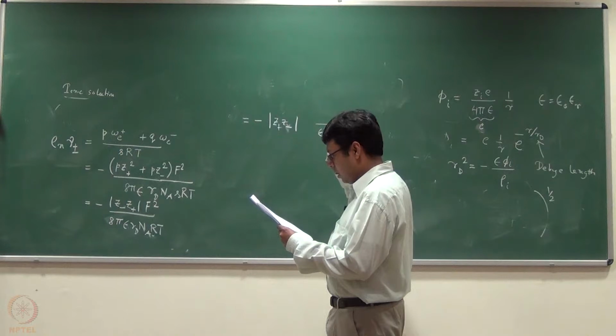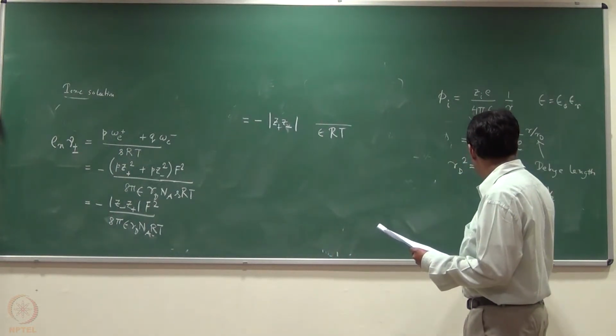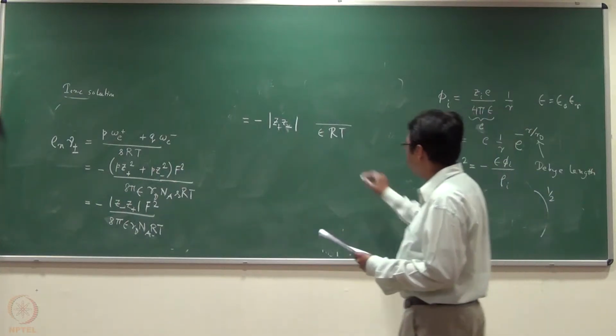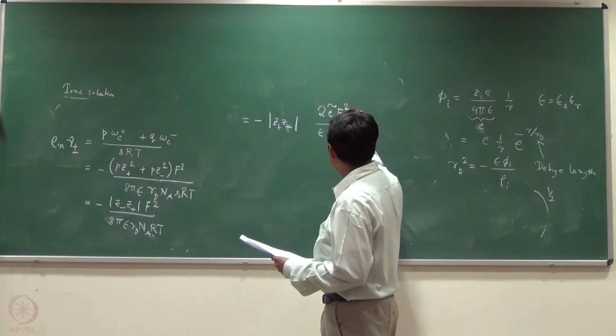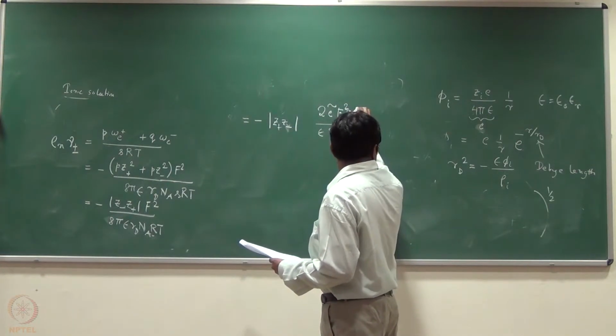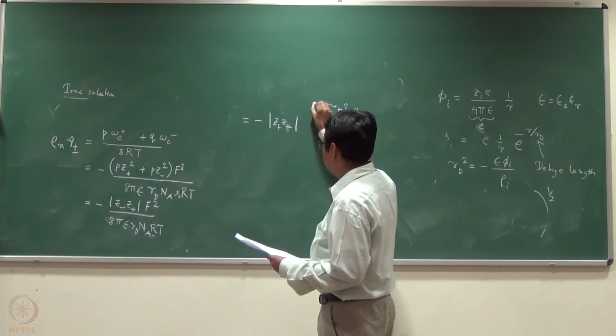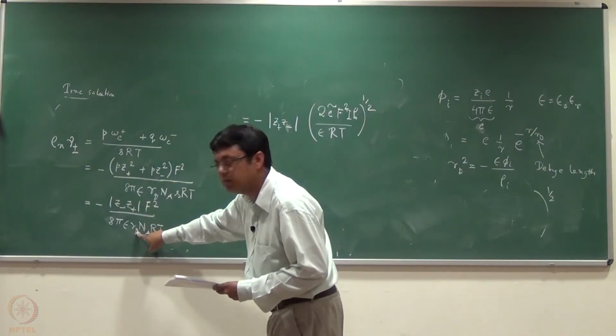And what I had was twice c F square I into b0, right? Twice c F square I into b0, that to the power half. That is basically 1 over RT.